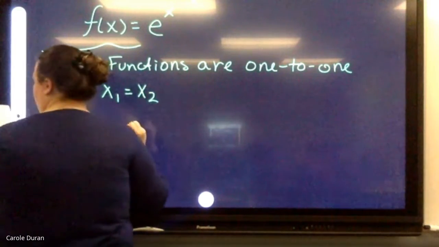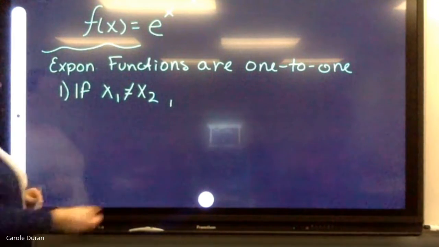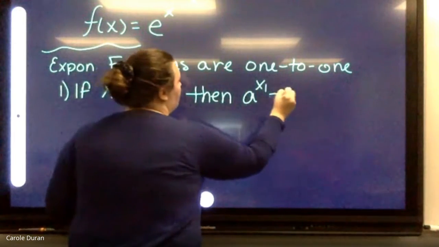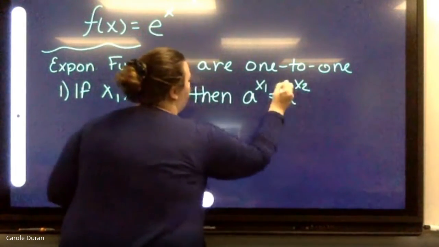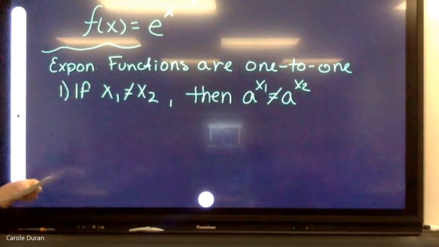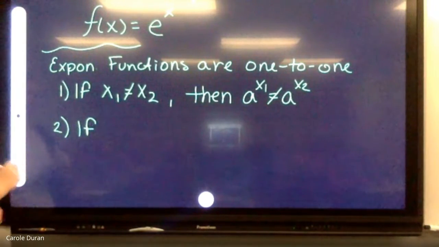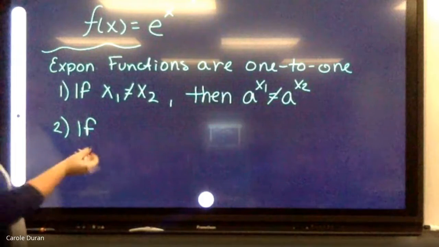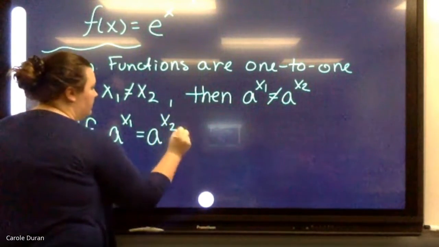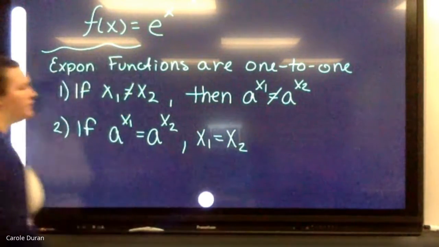So if I have 2 variables that are not equal to each other, then any base raised to those variables are also not going to be equal to each other. Coming from the other direction, if any base raised to those exponents are equal to each other, that means those exponents themselves must have also been equal to each other.